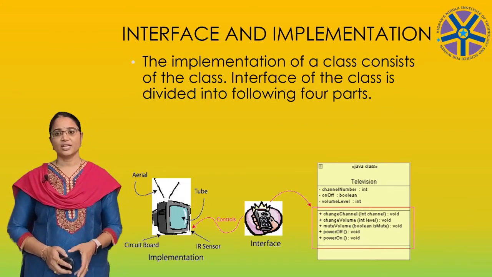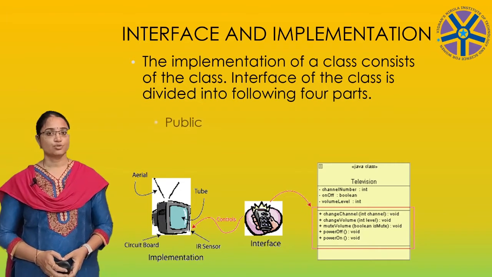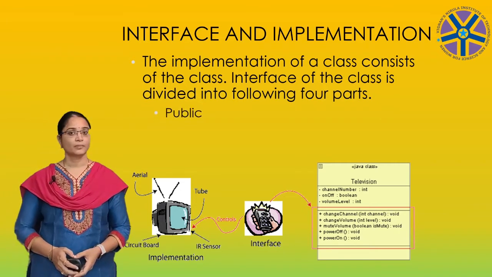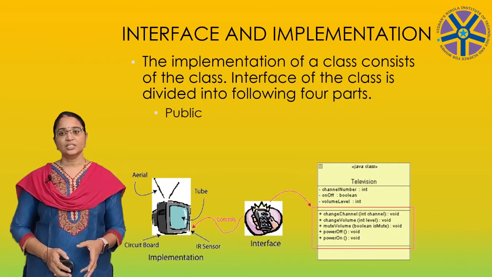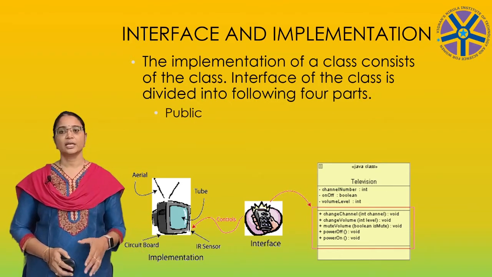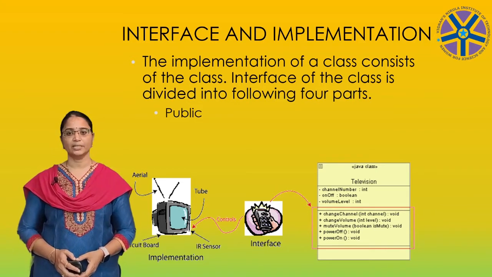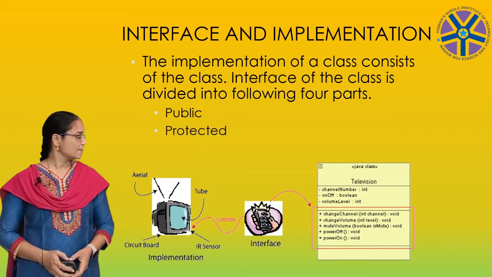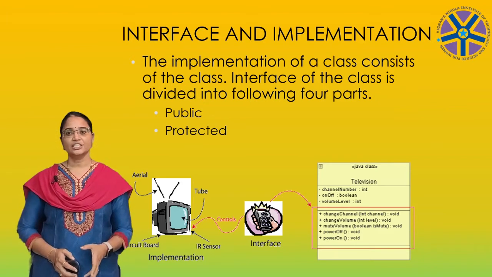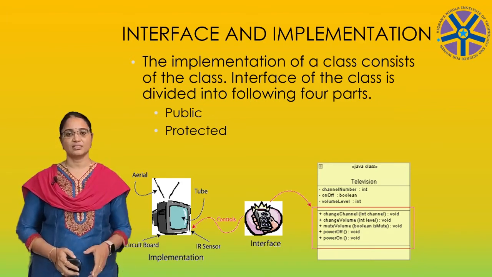The interface of the class is divided into the following four parts. First one is public: a declaration that is accessible to all the clients. It means if it can be accessed by all the clients, then we define it as public. Next one is protected: a declaration that is accessible only to the class itself and its subclasses.